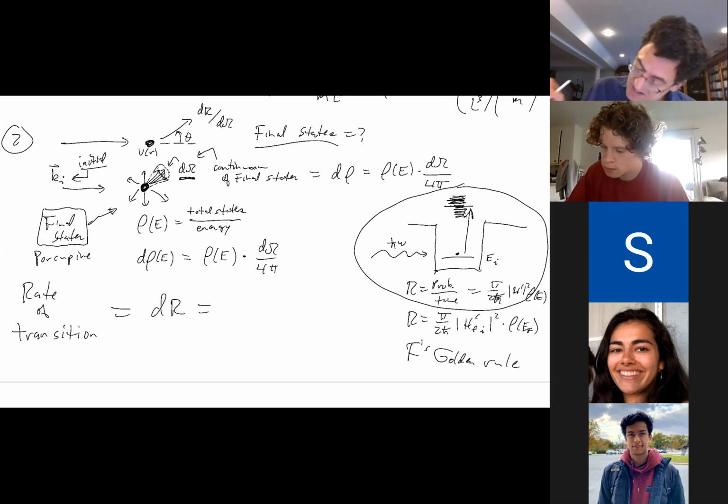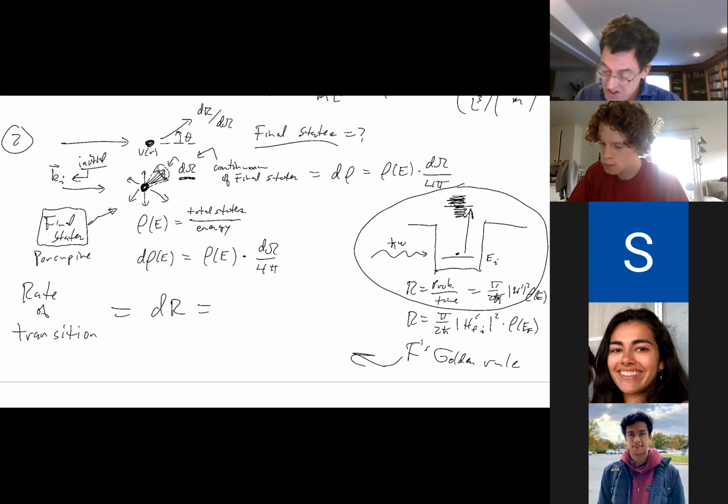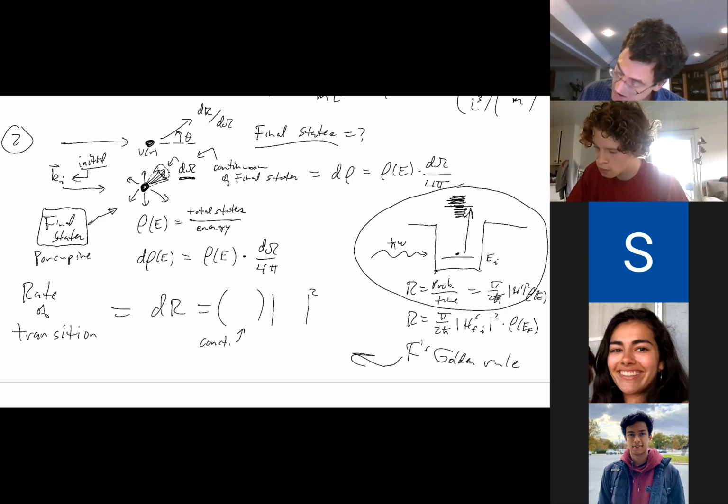And so that means that now we can use that here because we have the same thing. We have the constant in front, and then we have the matrix element squared, and then we have the density of states.